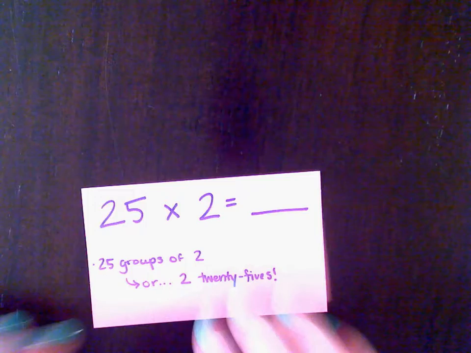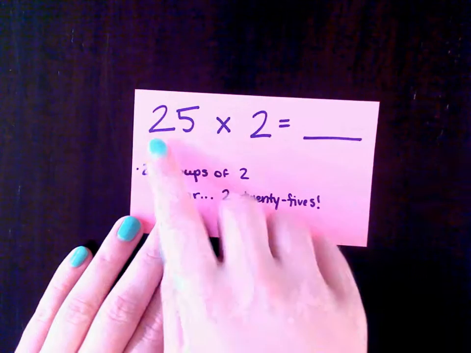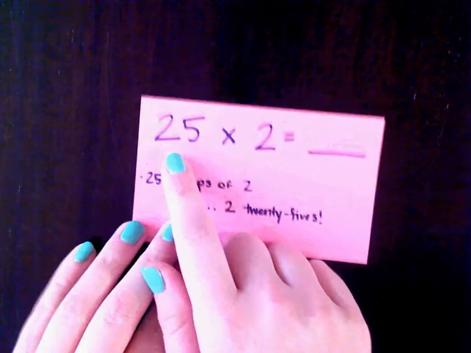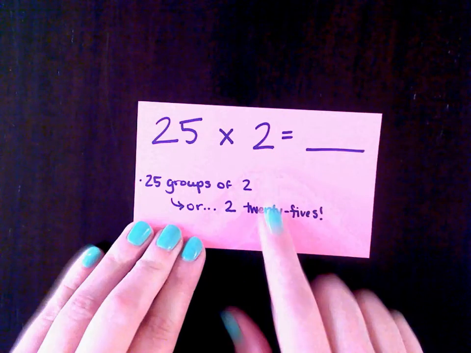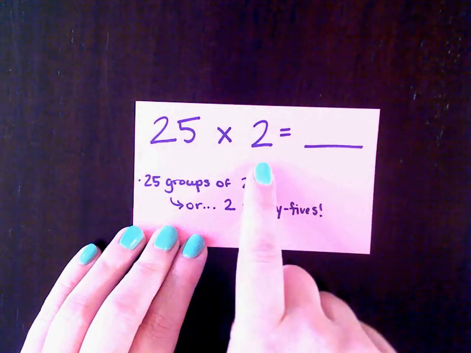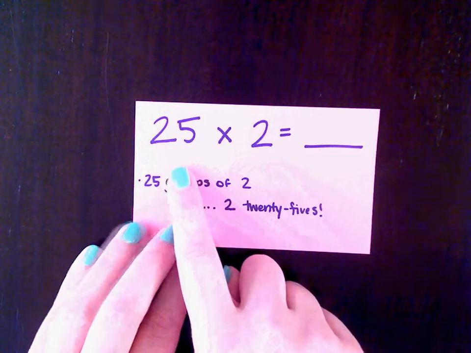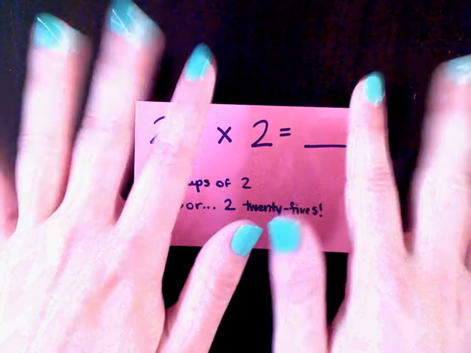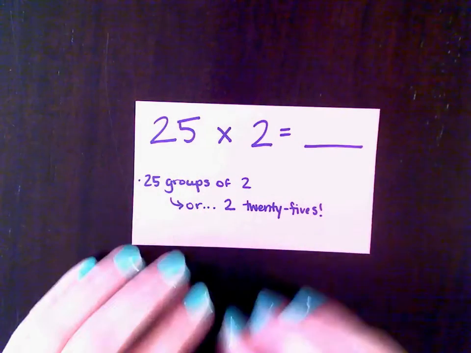Let's look at another example. If you are trying to solve a more difficult problem, maybe with a larger factor, such as 25 times 2, you could skip count by 2's, since this is 25 2's. You could skip count by 2's 25 times, but that would take forever. Our kids don't have that many fingers, so they end up getting confused and getting the wrong answer.